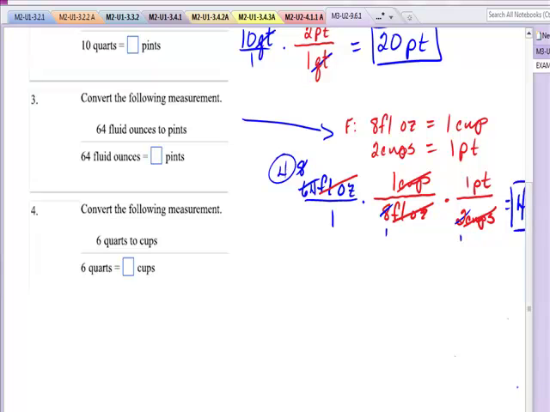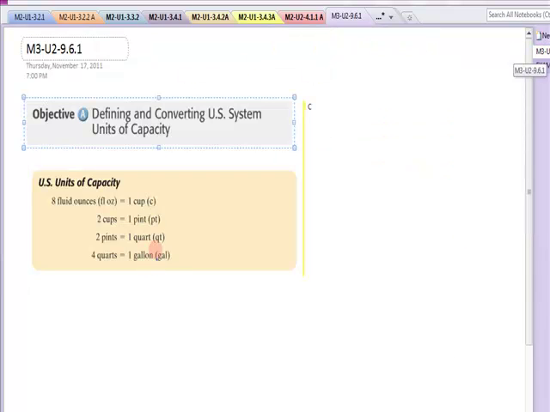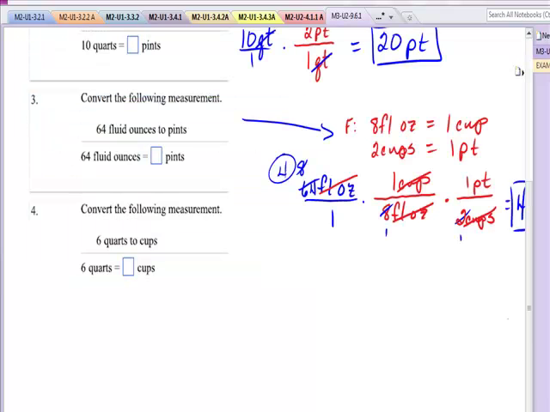All right, I have quarts to cups. Look back. There is not a quarts to cups. There's cups to pints and pints to quarts. So that's where I'm going to have to use 2 facts.